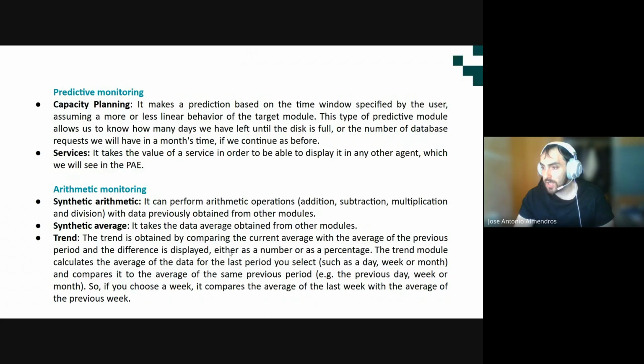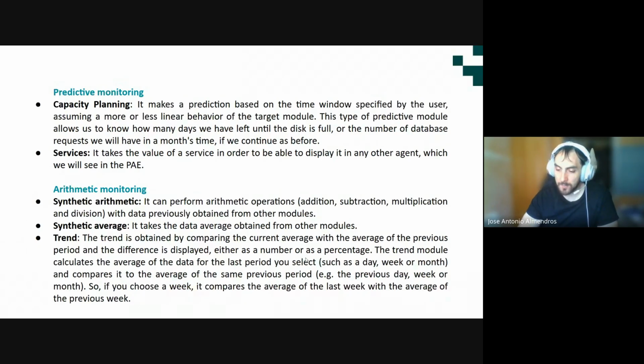And the trend is a new kind of module that didn't exist before. It compares the current average of data with the average of the previous period that we can configure, and it displays the difference.